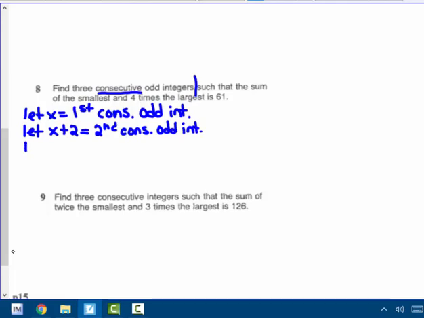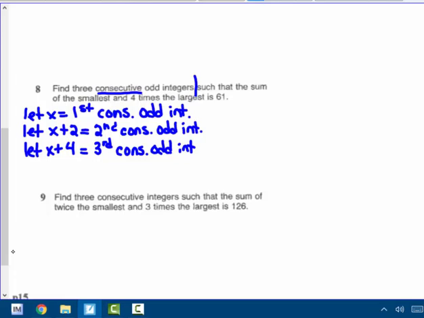And then the third one, so say the number is 13. If I add 2, I'm going to get 15. But if I add 4 to 13, I'll get 17, the third. So I have to keep adding 2 more. So it's like x plus 2 or x plus 4 equals the third consecutive odd integer.